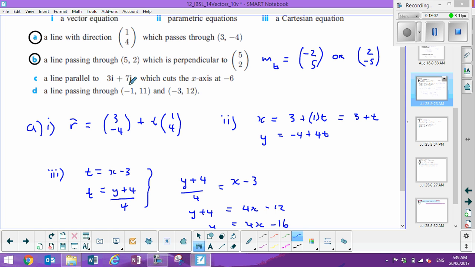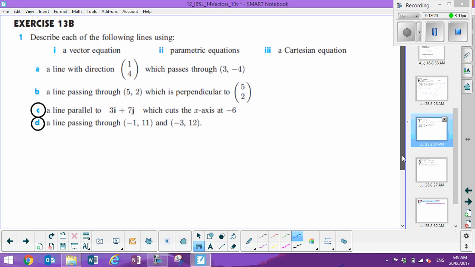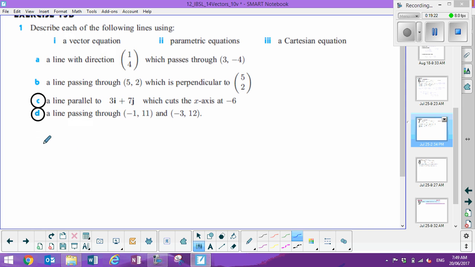Next one here, I've put on new page. If it's parallel to this vector here, it means it's got the same direction, and it cuts the x-axis at minus 6. If we're working in i and j notation, then you need to come up with your equation in that notation. So for C, for part 1, our vector equation, R will equal a point.